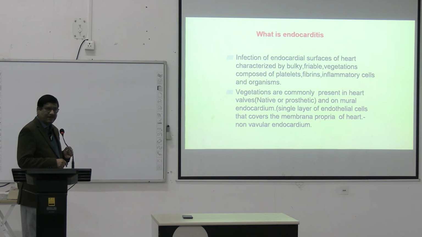What is mural endocardium? Endocardium where there is no valve, the other area of endocardium without valve. That is mural endocardium, a single layer of endothelial cells that cover the membrana propria of heart, non-valvular endocardium. So the vegetations are commonly present in heart valves and on mural endocardium. This is endocarditis.